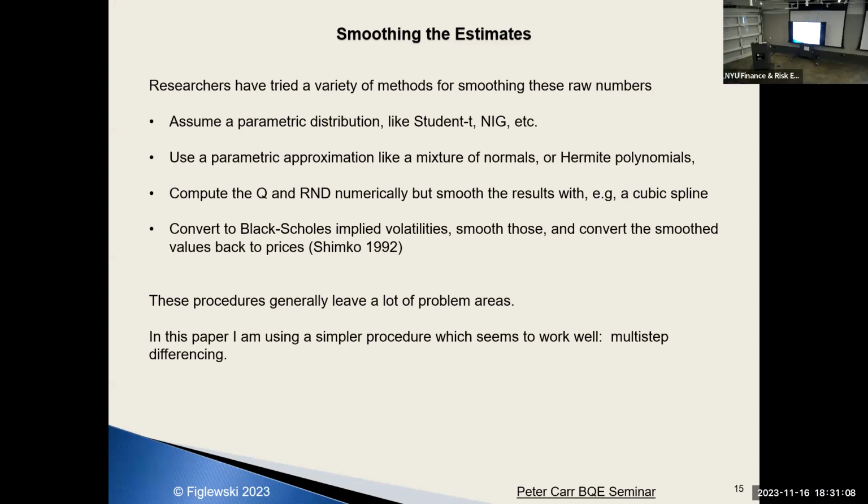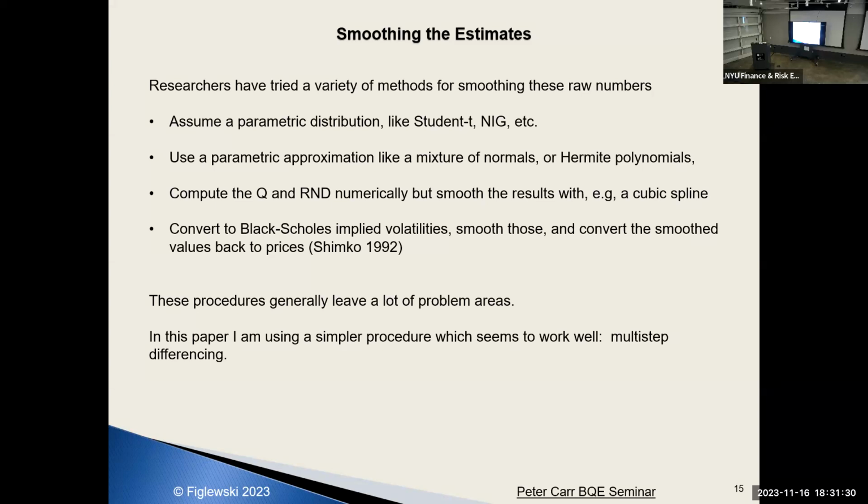Right? One of the best ideas was originated by David here. Early on, when people were not really doing this stuff at all, he said, let's take the option prices, convert them into Black-Scholes volatility. So now we've got a volatility smile, and that smile is usually pretty well behaved.